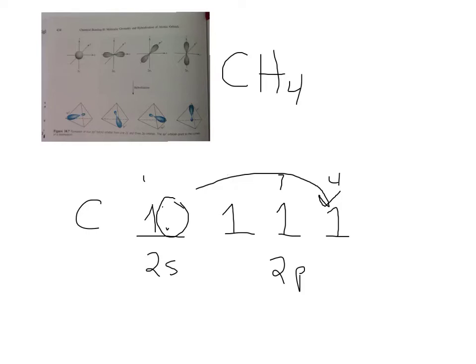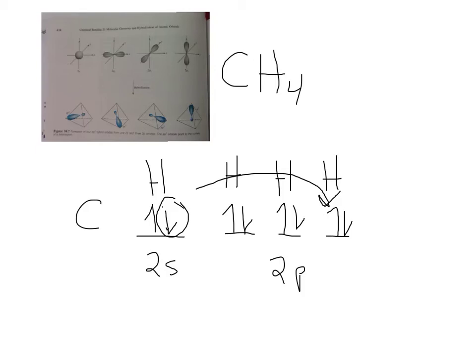Now the hydrogen atoms can come in and overlap their electron in the 1s orbital with the 3 2p's and the 2s from the carbon atom, and there you go.